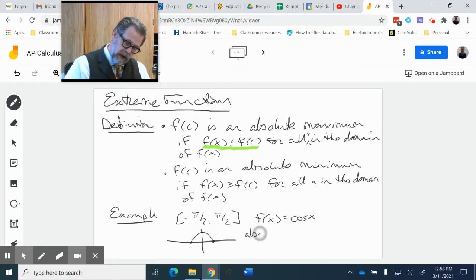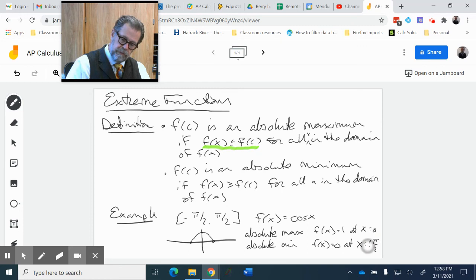So the absolute maximum is f of x equals 1 at x equals 0, and the absolute minimum is f of x equals 0 at x equals plus or minus pi over 2. So notice the minimum does occur twice, but it is still a minimum because it is 0 at both of those. So the absolute minimum of this function is 0.